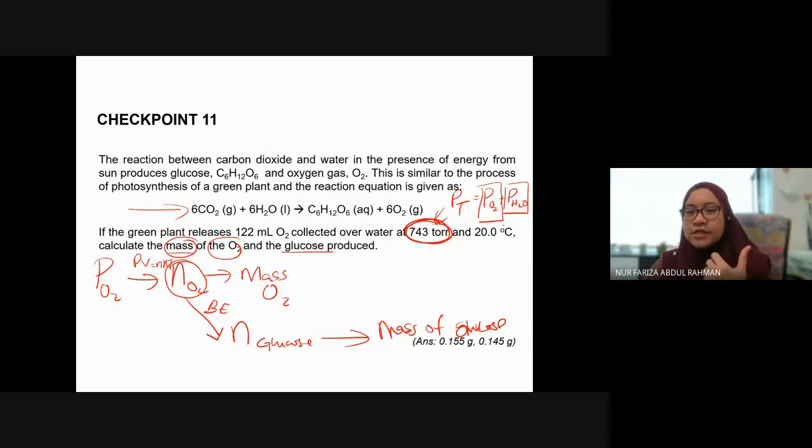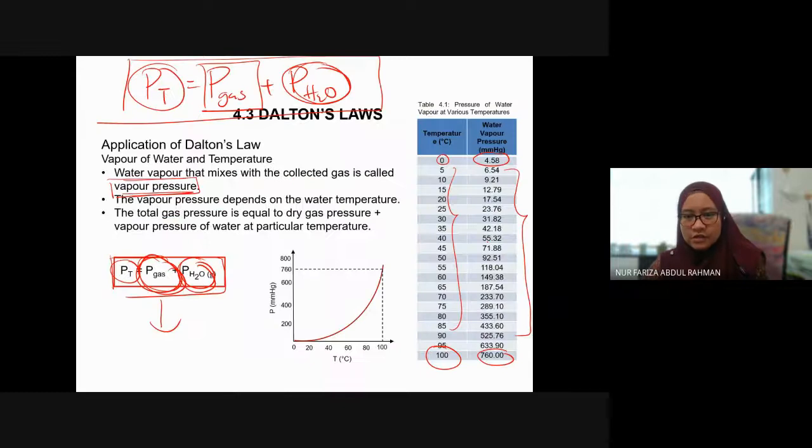So it is at 20 degrees Celsius, right? So go check in the table at 20 degrees Celsius. The vapor pressure of water is 17.54 mmHg.